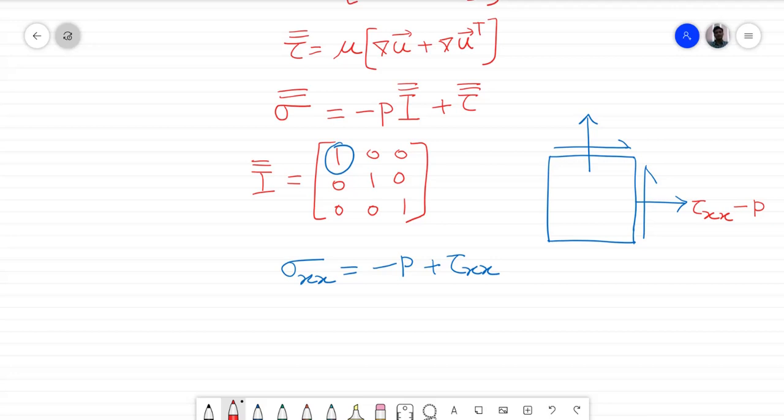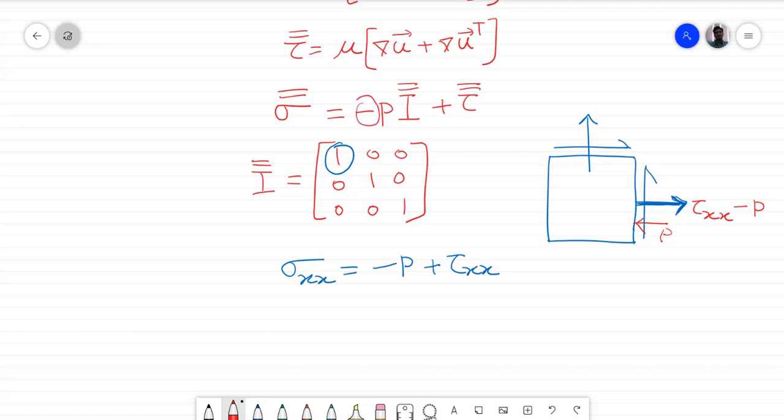So for historical reasons, pressure is considered to be acting on a surface. Because we have considered the direction of stress to be in the positive x direction, the pressure contribution is minus p, where that is p.